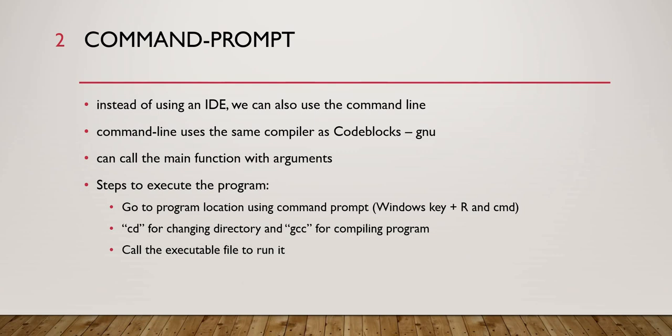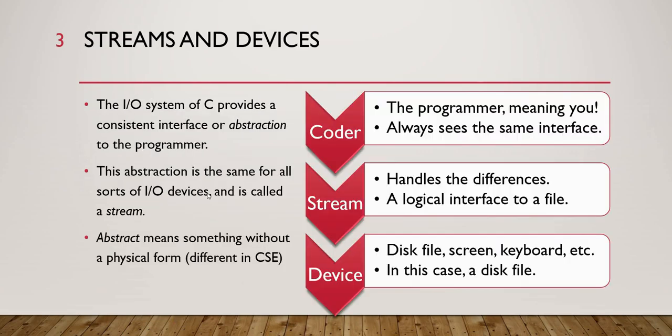Let's move on to the next slide, which is streams and devices. The input output system of C provides a consistent interface or abstraction to the programmer. So what is an abstraction? We'll understand that now.